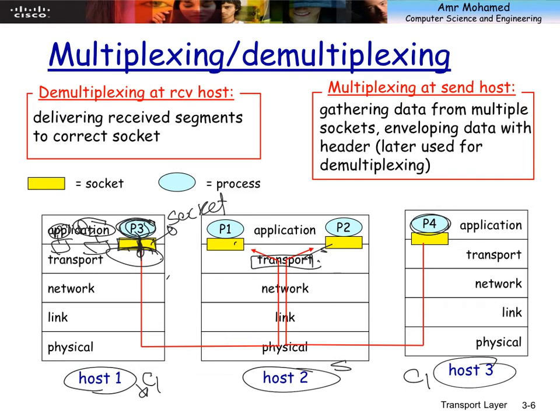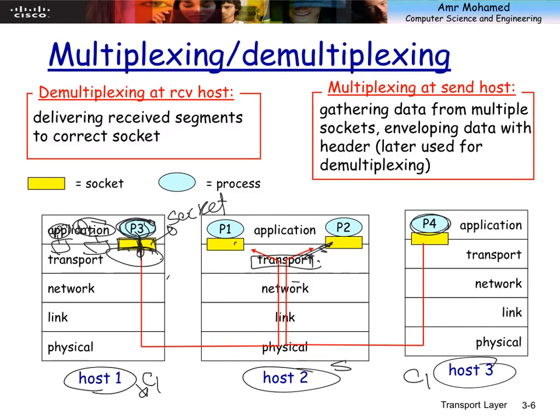Okay? So for that, the segment has to tell you, well, of course, the transport layer protocol that picks up this segment is identified by the network layer. So the network layer will have to put this packet on the UDP process or the TCP process. So UDP will pick up the segment and then it will say, how many sockets do I have and which socket should I send this segment to?